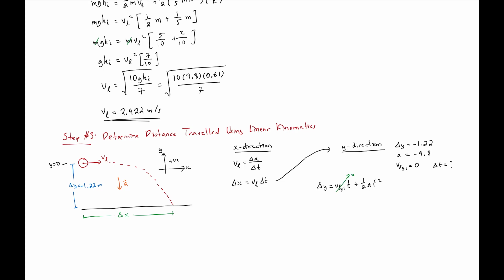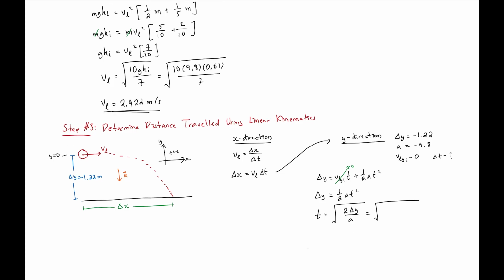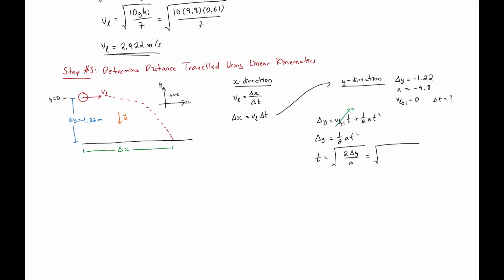This first term is just 0, so that means we have delta y is equal to 1/2 at squared. t is equal to the square root of 2 delta y over a, which is equal to 2 times negative 1.22 divided by negative 9.8. So t is equal to 0.499 seconds.